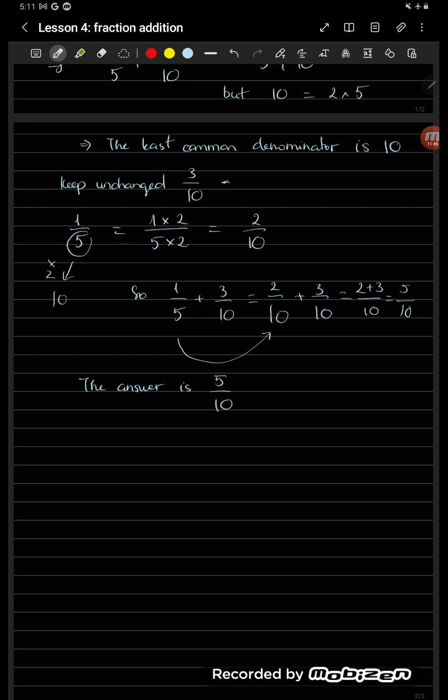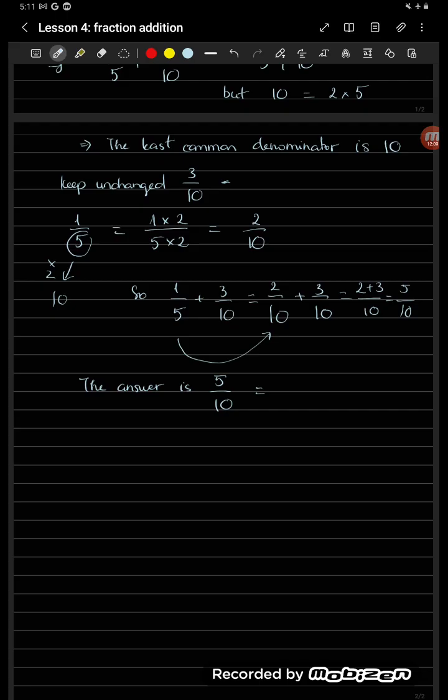But if you look at 5 over 10, 5 over 10 is not the most simplified fraction. So we need to do one more step to simplify it. So how can we simplify it? We already learned how to simplify fractions from the lessons before.